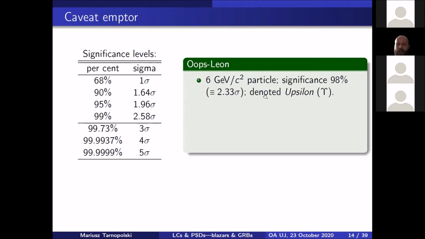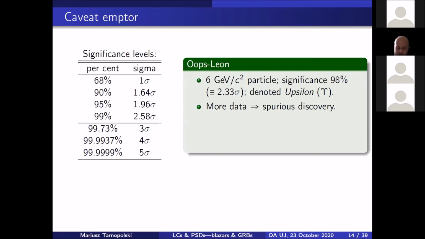So they gave the particle a name epsilon, but only a few months later, when more data was accumulated, it turned out this presumed particle vanished in the noise. So the mere 2.33 sigma significance changed the premature epsilon to the now known upsilon, a pun to Leon Lederman.